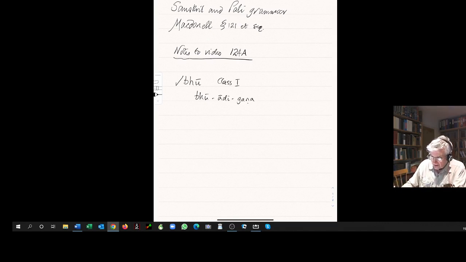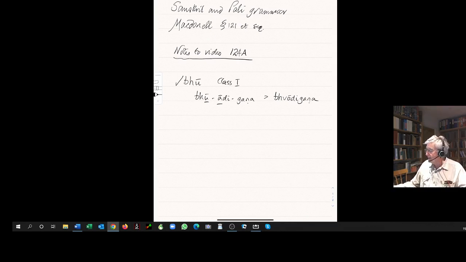So the bhu adi gana. And of course, by sandhi, the u followed by an a has become a v. So it's actually called the bhavadi gana.